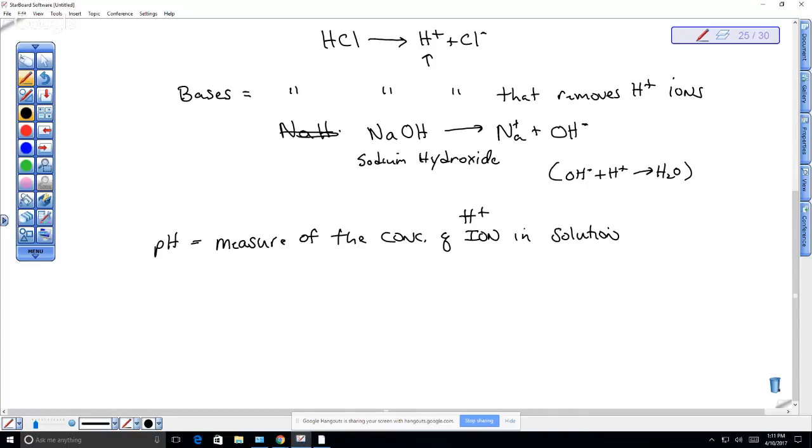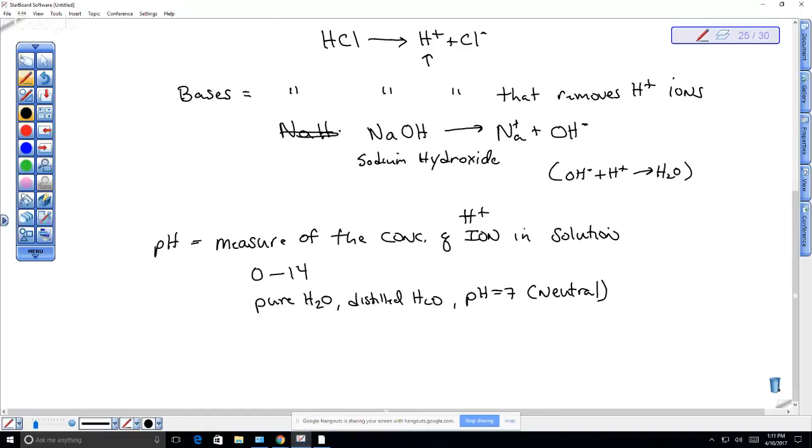And it has a scale. It's from 0 to 14. Pure water, so that would be distilled water, which we're going to use today in lab, has a pH equal to 7, and this is what we call neutral.